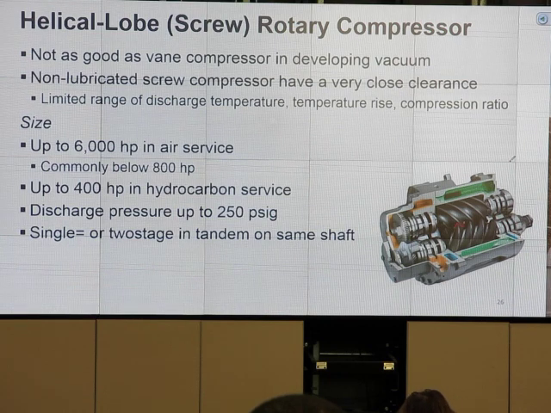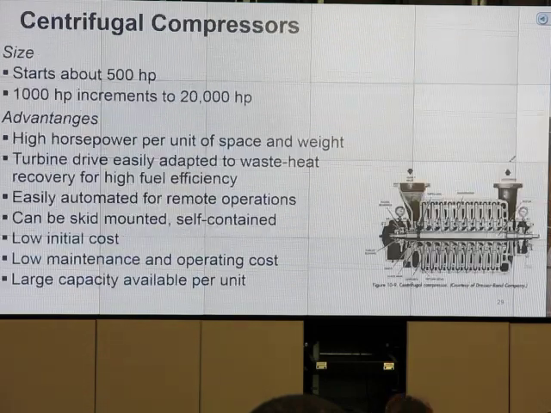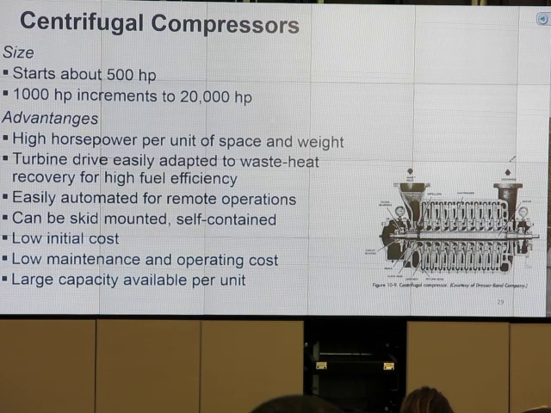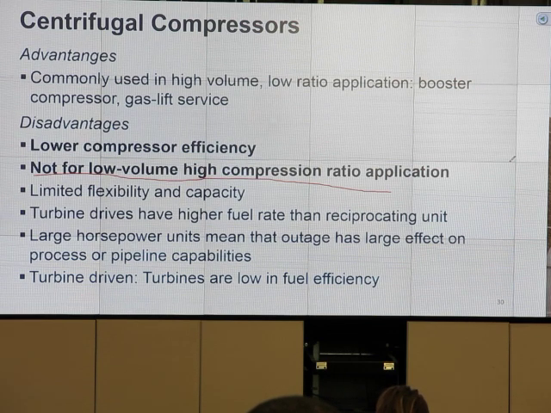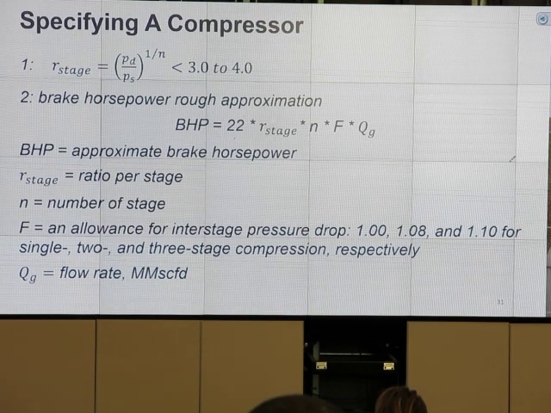In between we have lubricant oil. That's the screw compressor used in VRU. Centrifugal compressor is used whenever we want high flow rate. It's not for low volume, high compression ratio. Not for low flow rate applications. We talk about that. Okay.